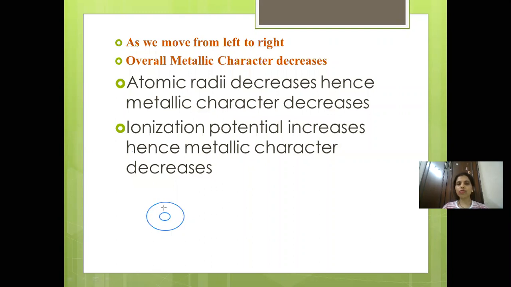Now suppose more electrons are added. So suppose I'm adding one electron to the same orbit, one more electron. What will happen to the nuclear pull?